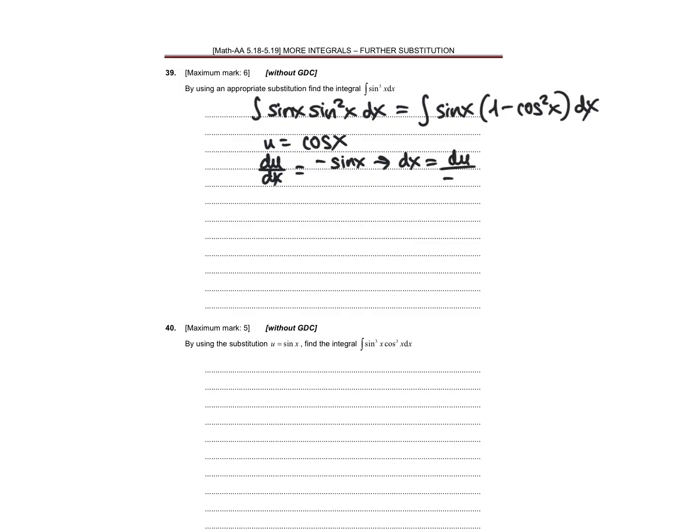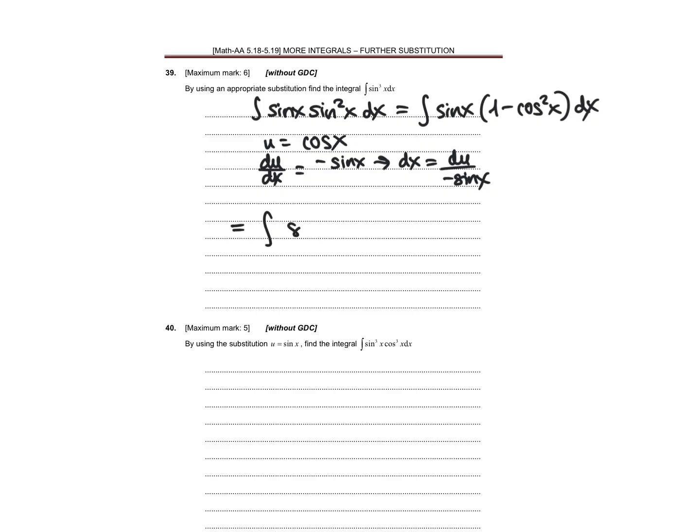So if you make u cosine, du is going to be negative sine, which means that dx is going to be du over negative sine.